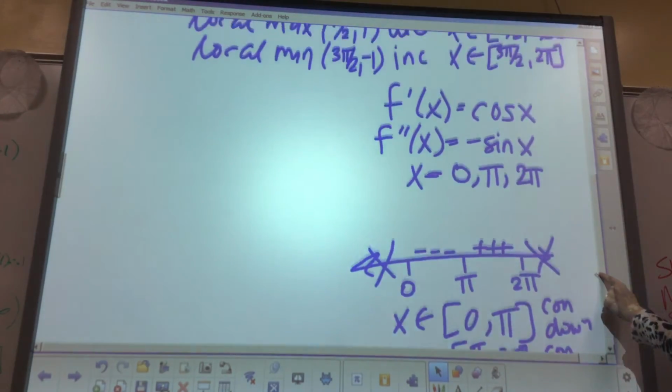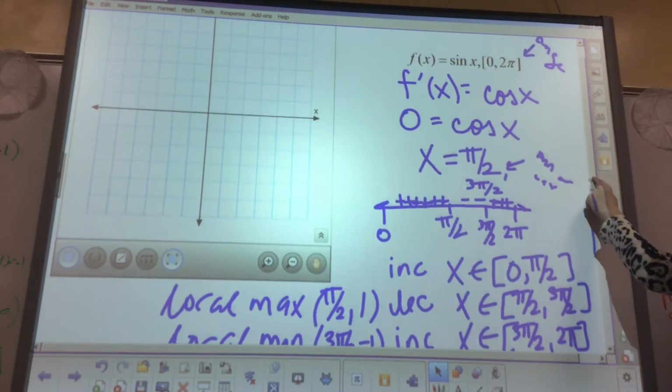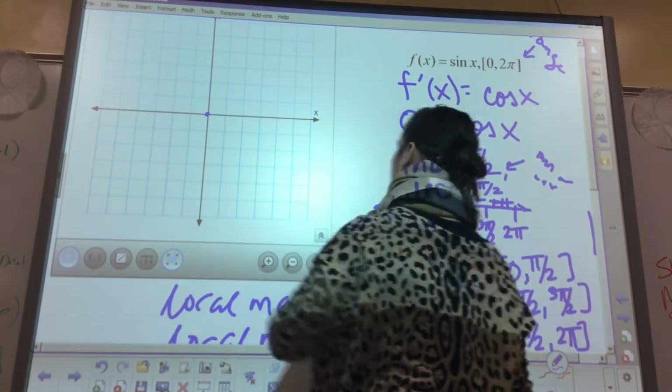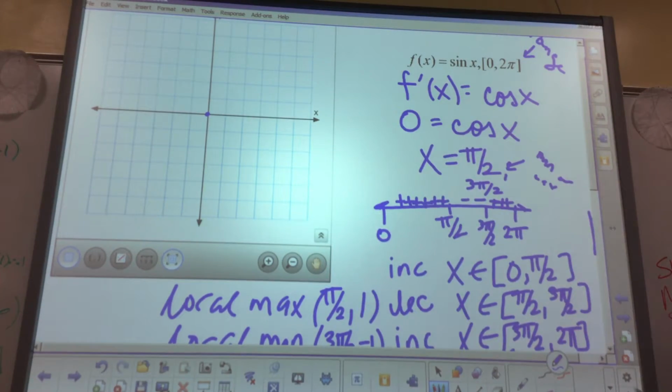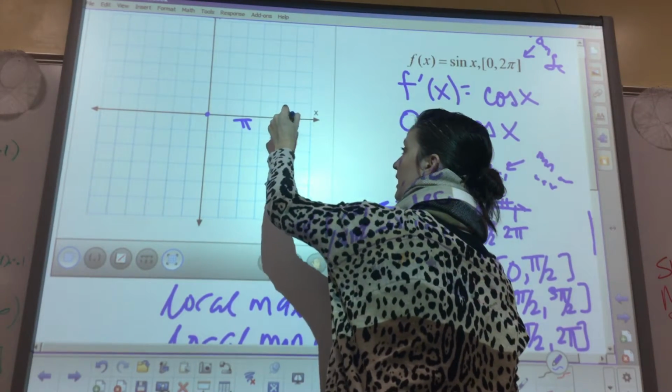So now let's actually see how this looks on our graph, the graph that we already know. So we graphed the sine function. Sine function is 0 at 0. And let's say this is pi, this is 2 pi.